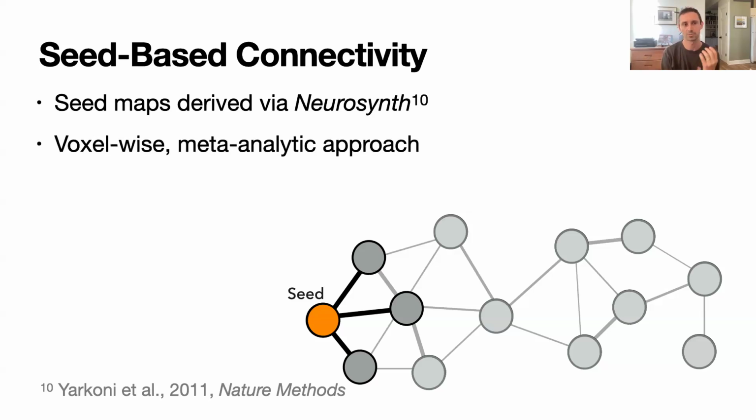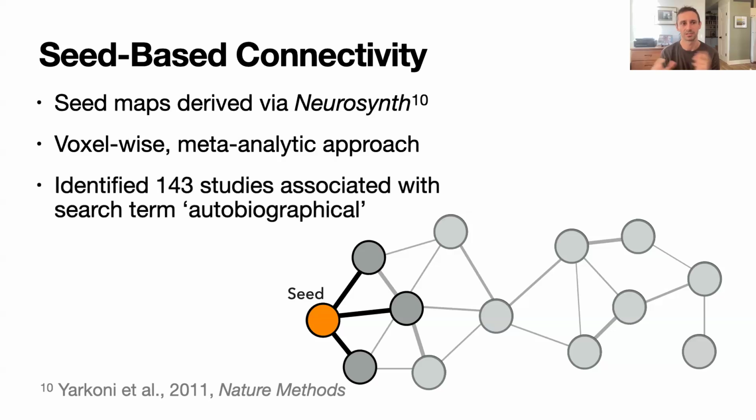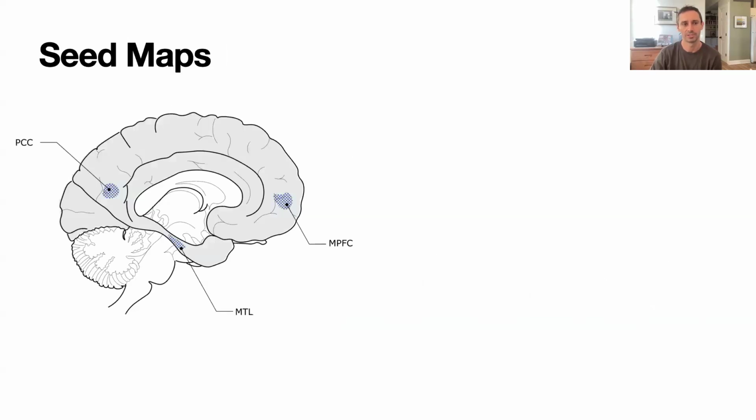So this is a voxel-wise meta-analytic approach based on a bunch of different studies. And we used these 143 studies to identify 5 clusters relevant to autobiographical memory. And I'll just show you 3 of them here. So we have the posterior cingulate cortex, the medial temporal lobe, and the medial prefrontal cortex.